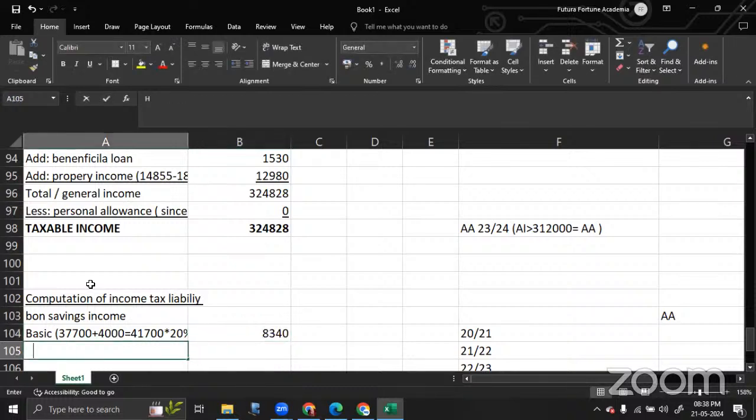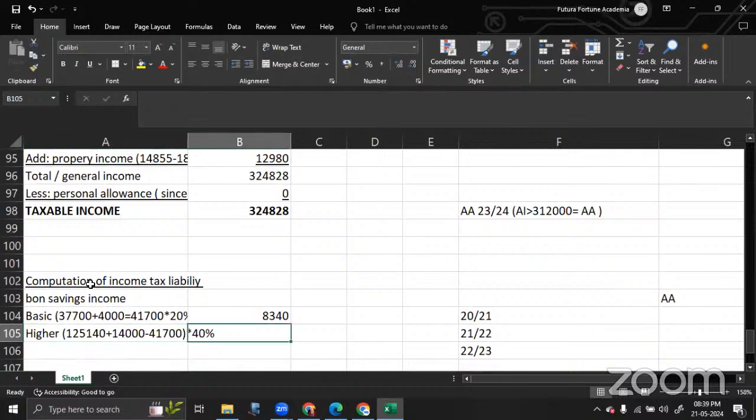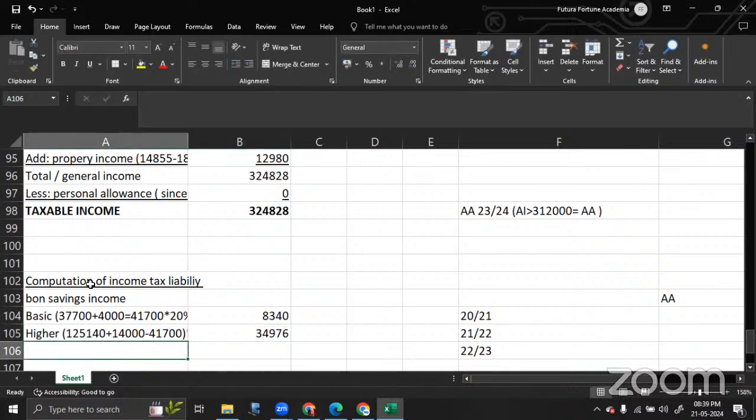Then you can add your higher limit. Your higher limit will also increase: 125,140 plus 4,000 minus 41,700. That is up to 87,440. You can apply 40%. So up to 87,440, you will apply 40%.